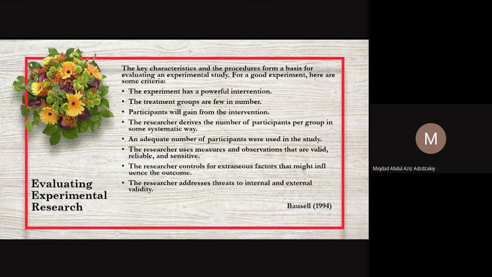Six, the researcher used measures and observations that are valid, reliable, and sensitive. And the seven is the researcher controls for extraneous factors that might influence the outcome. And the last is the researcher addresses threats to internal and external validity. It is based on Bausell 1994.